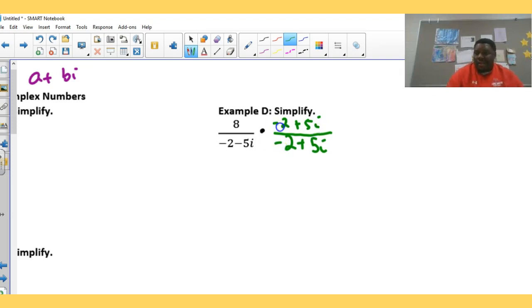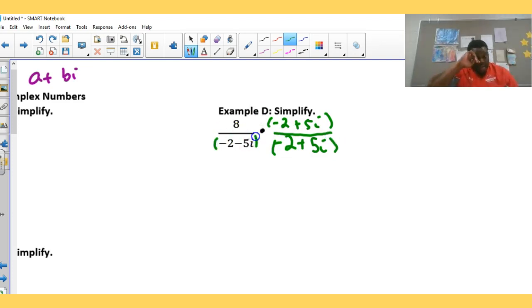All right? That way, remember, that's not the imaginary part. This is what we change. All right, this is what we change. So now we're going to distribute that 8 over here, and we're going to FOIL this denominator, okay?